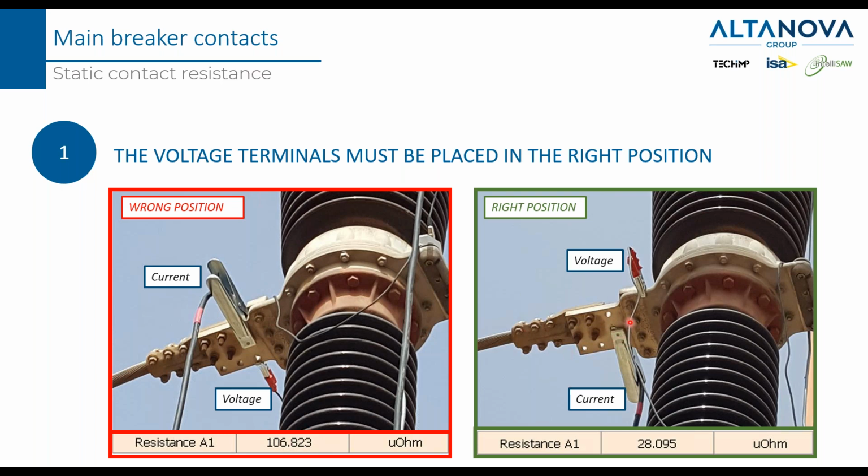But if you move the terminal from this position to this position, that at first glance seems to be the same but actually is not, you can see how big the error is if you are not putting the terminal here, because the surface contact of these two metal plates creates this high resistance. So please pay very much attention to where you place the voltage terminal.